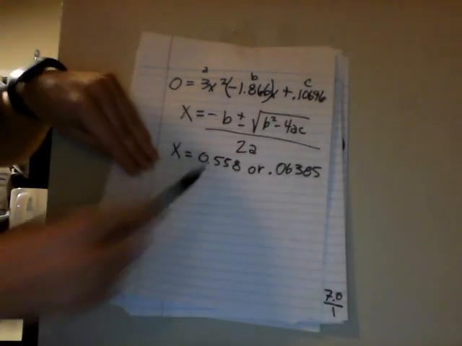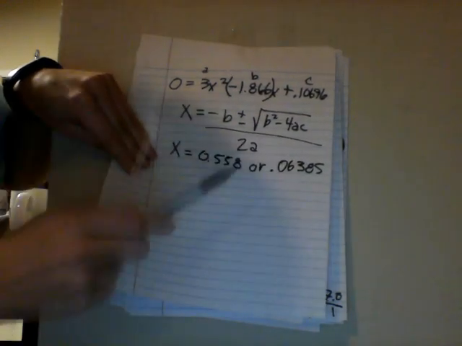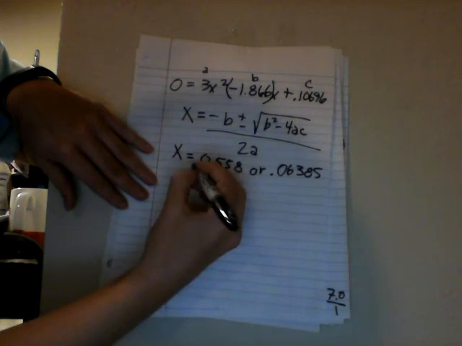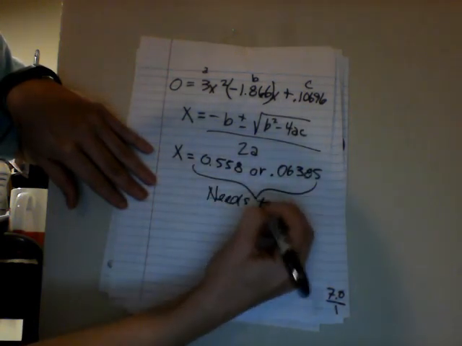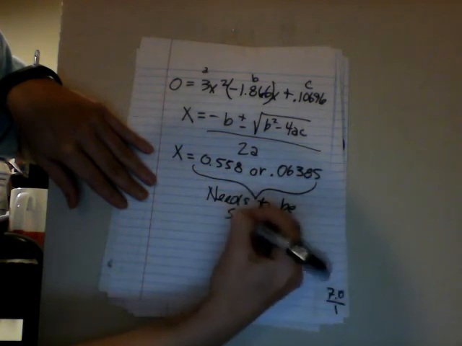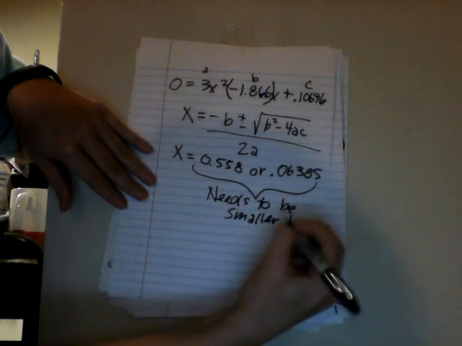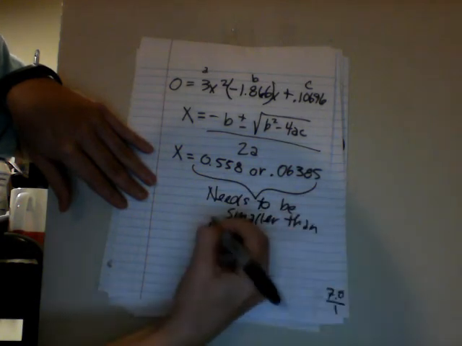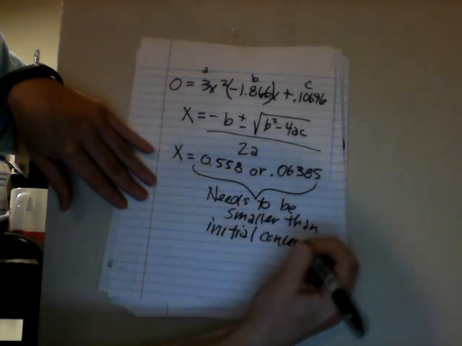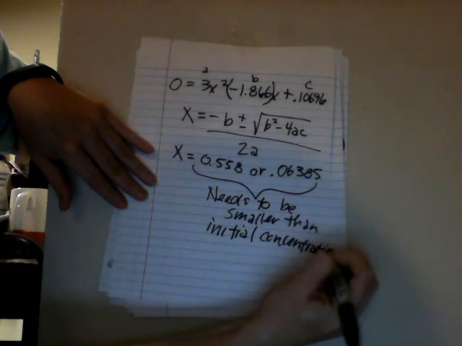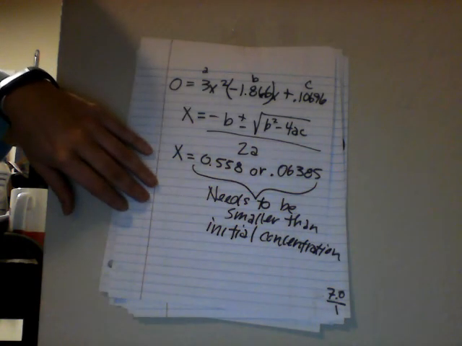So this value needs to be smaller than my initial value, smaller than my initial concentration.